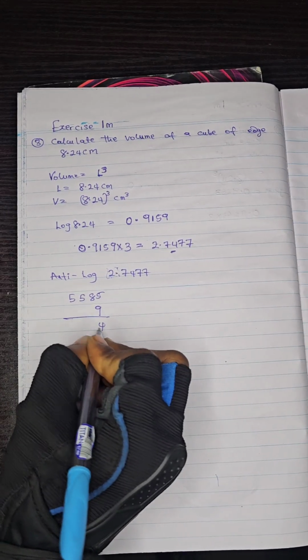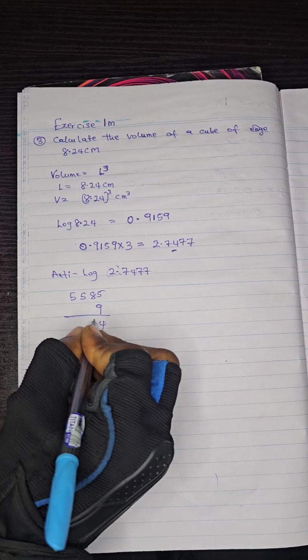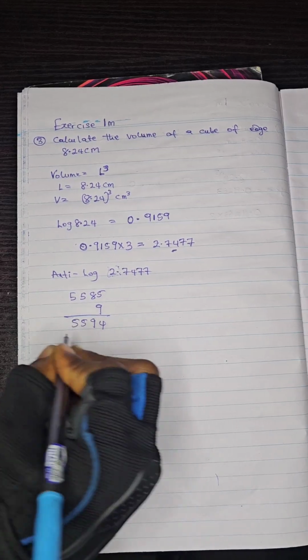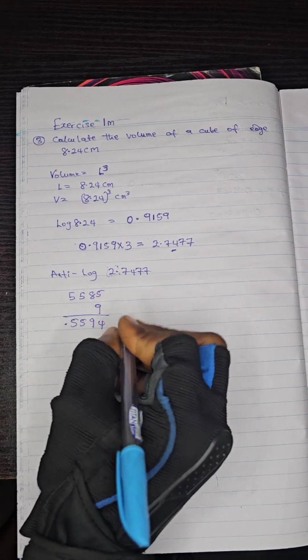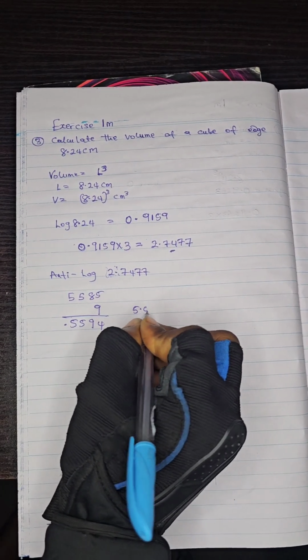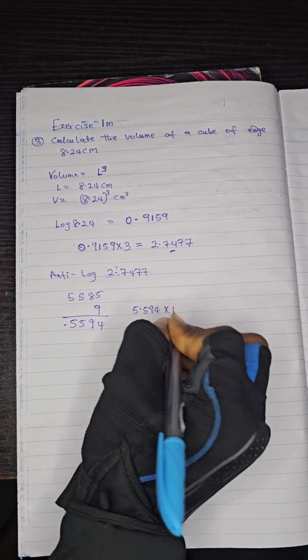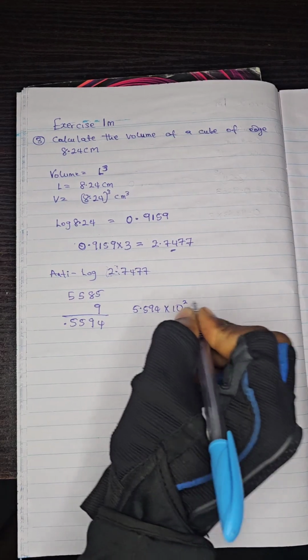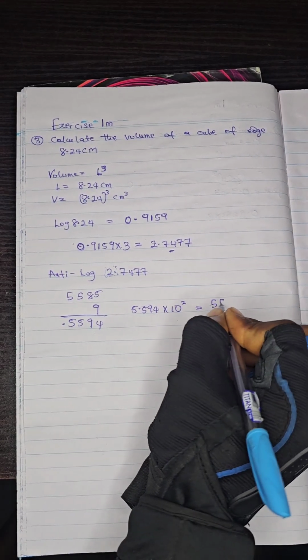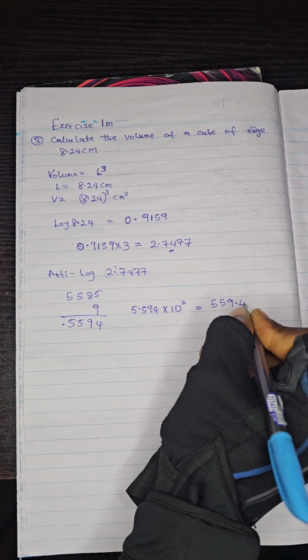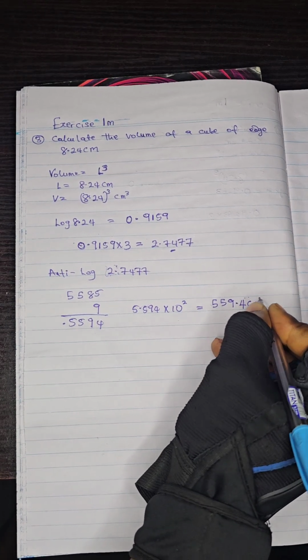I'll have 4, carry 1, put here 9, 5, 5. This is my mantissa, right? So my real answer will now be 5.594 times 10 raised to the power of the characteristic. So the answer will now be 559.4 cm cubed.